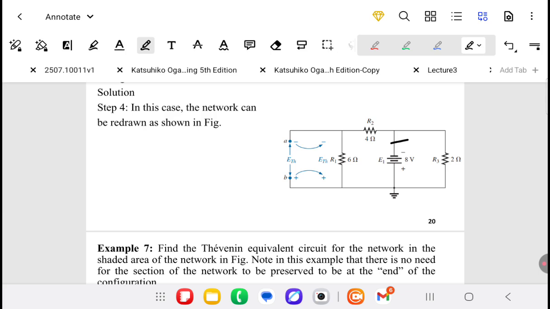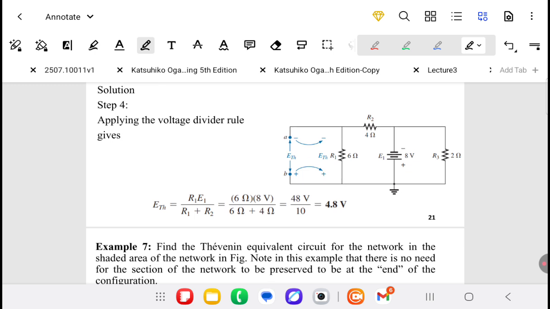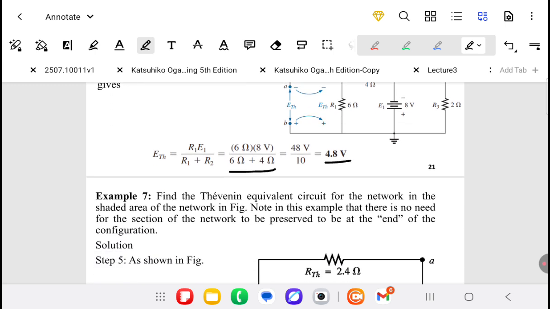We return back the battery, which is 8 volt. And now we need to get the voltage across the terminals A and B, which is E Thevenin. It is the voltage across R1, 6 ohm, which we can get using voltage divider between 6 ohm and 4 ohm resistors by dividing the 8 volt across them. 8 times 6 divided by 6 plus 4, we get E Thevenin equals 4.8 volt.